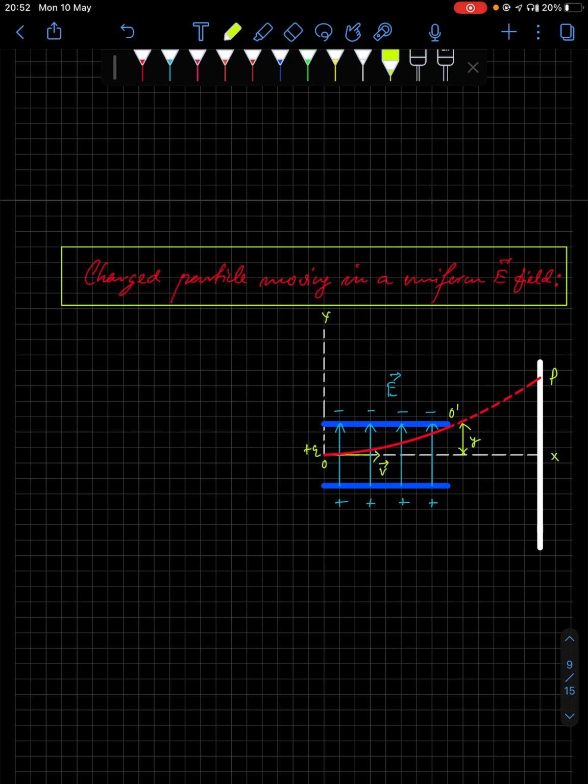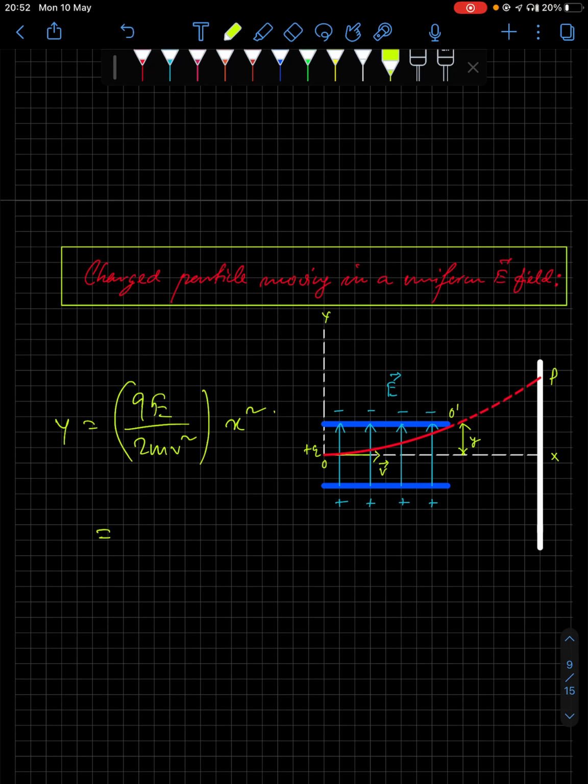Now straightaway I'll go to the last relation. The vertical deflection y is given by QE by 2mv square multiplied by x square.